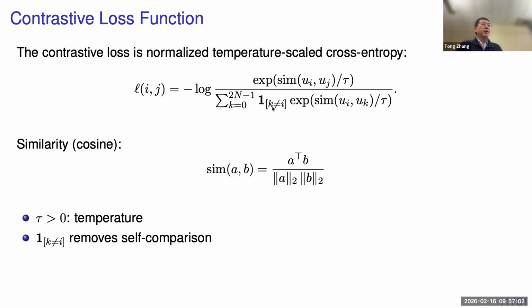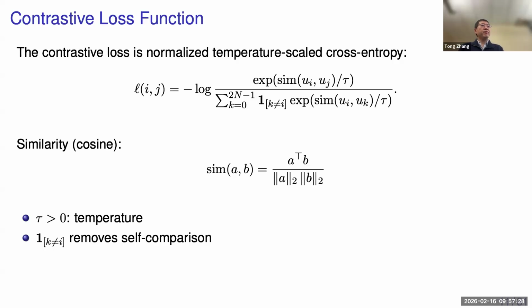So basically, you cancel i to i. You only do i to k, not equal to i, where k is all the other images. So you start with an image, and you generate 2n augmented images, so each image generates 2.